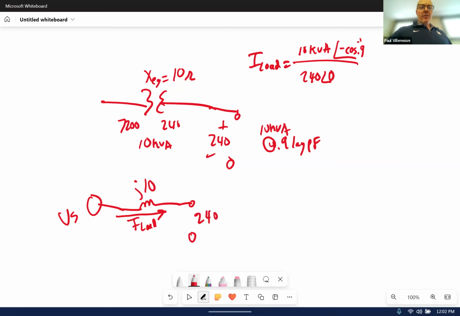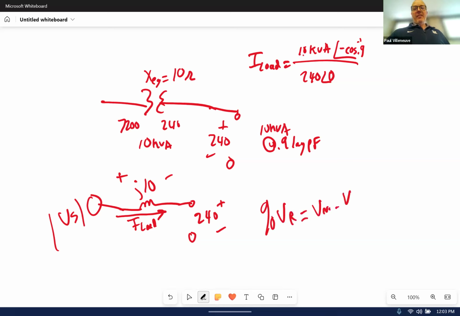Because I know this voltage is 240, I can get a voltage drop here, and then I can calculate VS, what it actually needs to be set at to deliver 240 volts magnitude voltage at whatever load demand is. Once I have that, I can do my percent VR: V no load minus V full load over V full load, multiply that by 100.